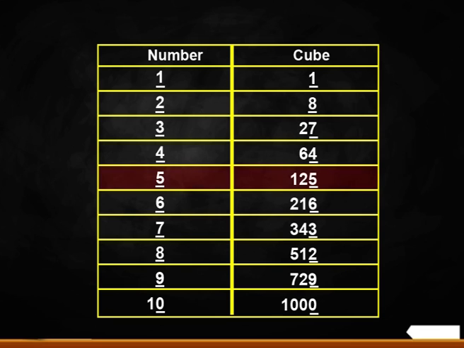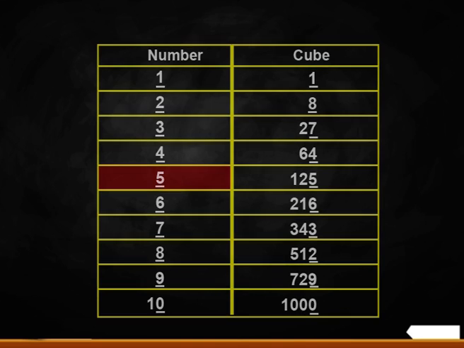125 is the cube of 5. 216 is the cube of 6. So which is the smaller number out of these two numbers? Yes, 125 is the smaller number. Therefore, we will take 5 out of 5 and 6.